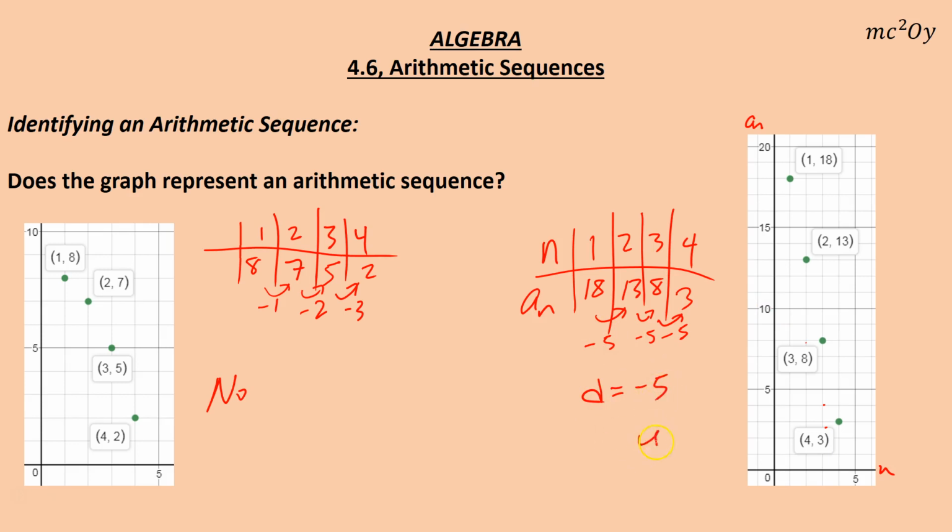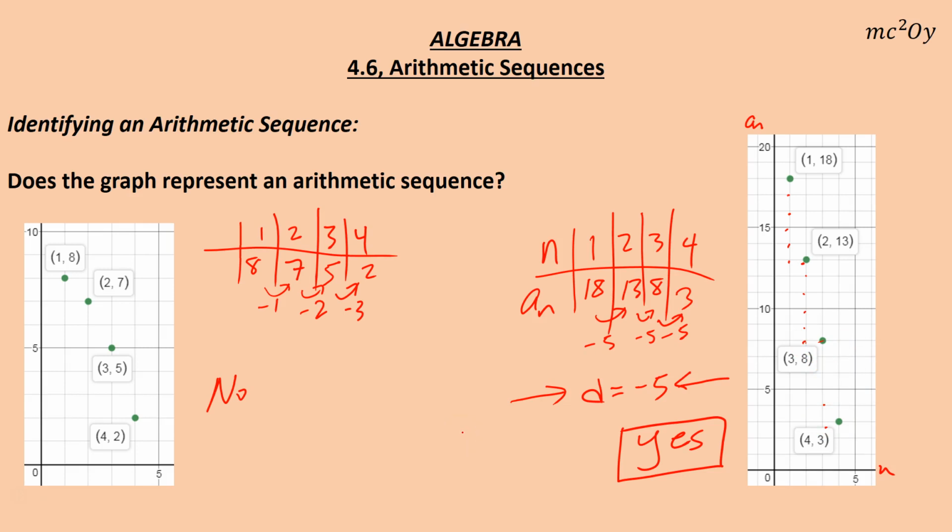So this is an arithmetic sequence, and I've just kind of introduced a new piece. I just said our common difference is -5, and I also said we go down 5 and over 1. That's also called our slope.